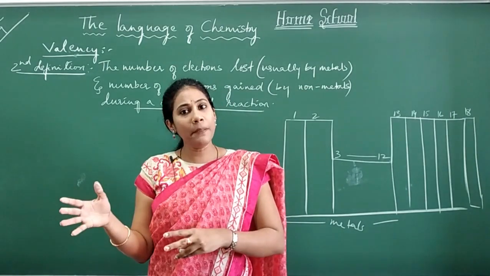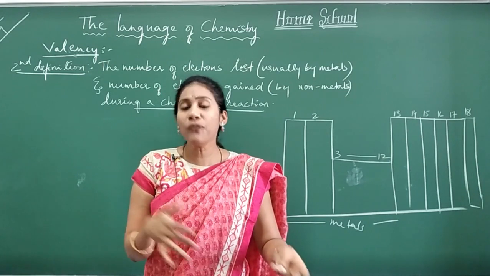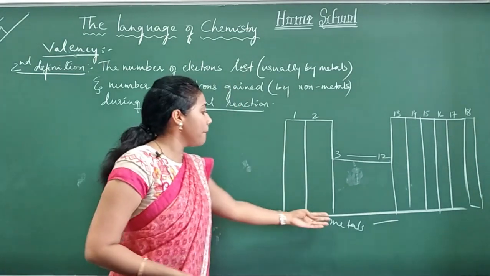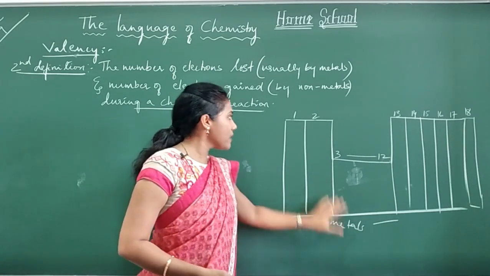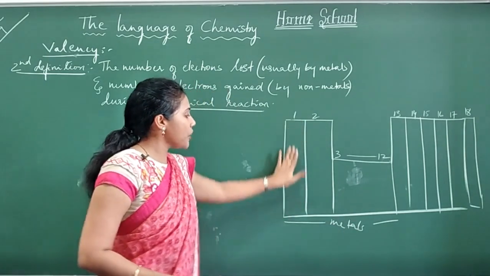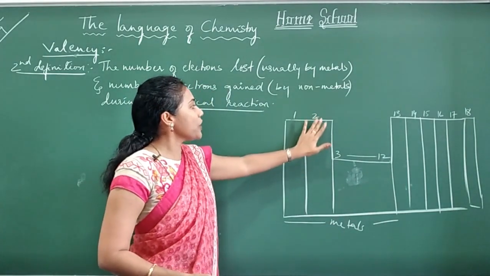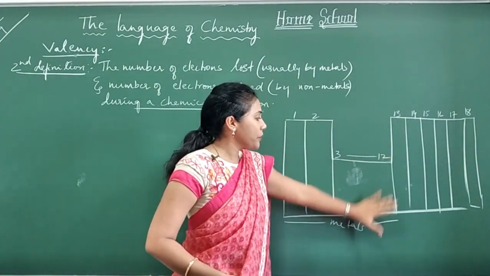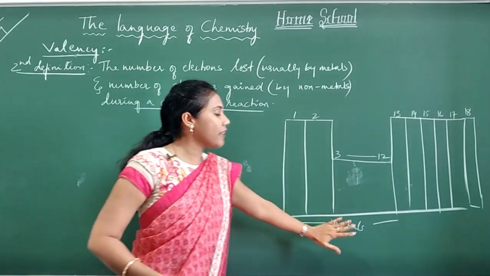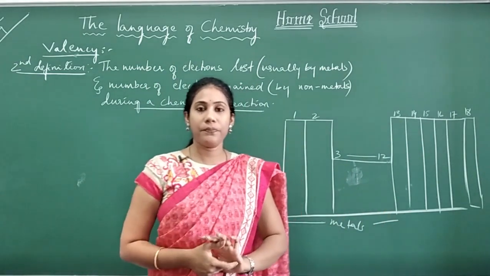So some elements give electrons, I said. Which elements give electrons? Metals will give electrons. Who are called metals? The elements in group 1, group 2, and groups 3 to 12 are all called metals.